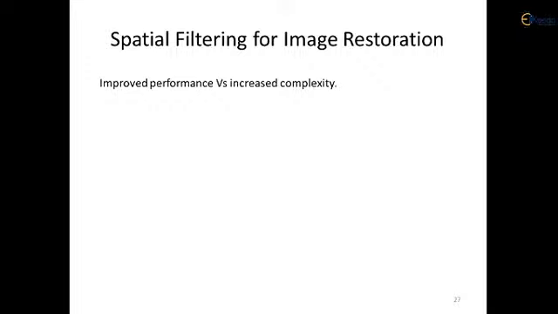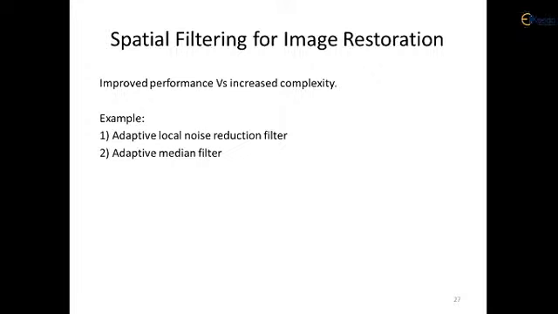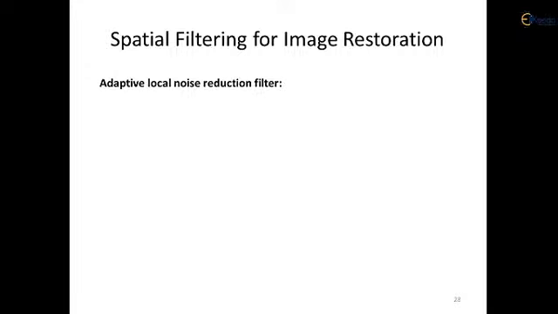So depending on the application, the type of filtering must be selected. Now, as we have four subcategories for the mean type of filtering and again four for the order statistic filtering, for the adaptive type we have two for the image restoration process. The first one is the adaptive local noise reduction filter, and the second one is the adaptive median filter. First of all we shall focus on the adaptive local noise reduction filter.